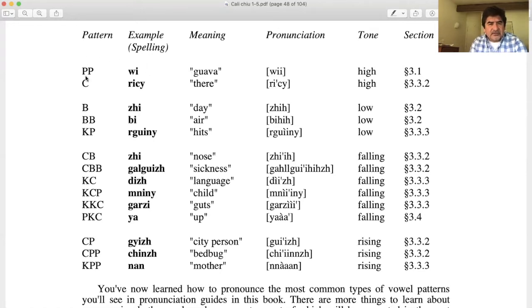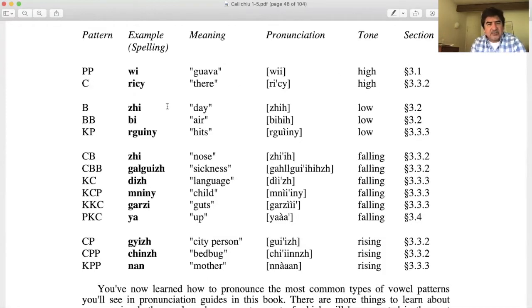So what I'm going to do right now is go over this chart. As you can see, this is the pattern in the first column, and then the words, the meaning, the pronunciation. On the 4th column, we have the pronunciation guide, and then we have the tone, which we haven't been talking a lot about. If it is plain, you have high tone, and if it is checked, you have a high tone.